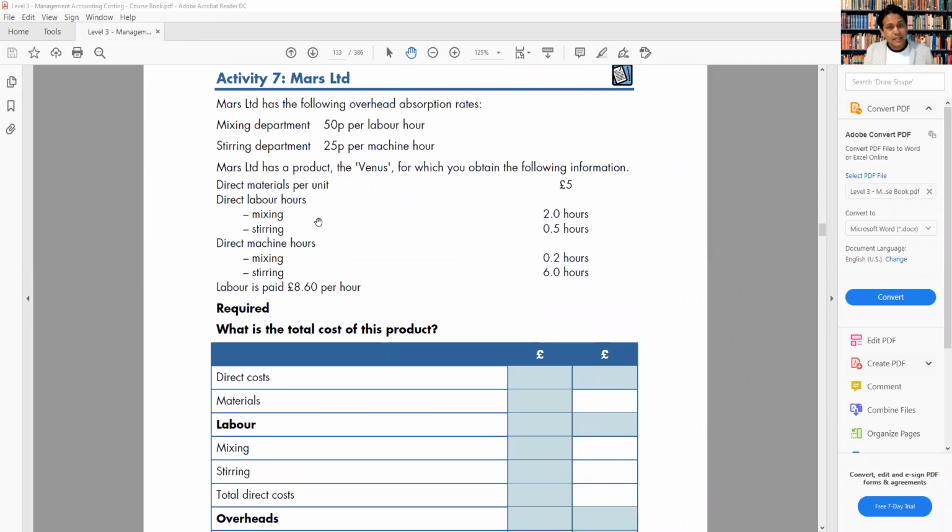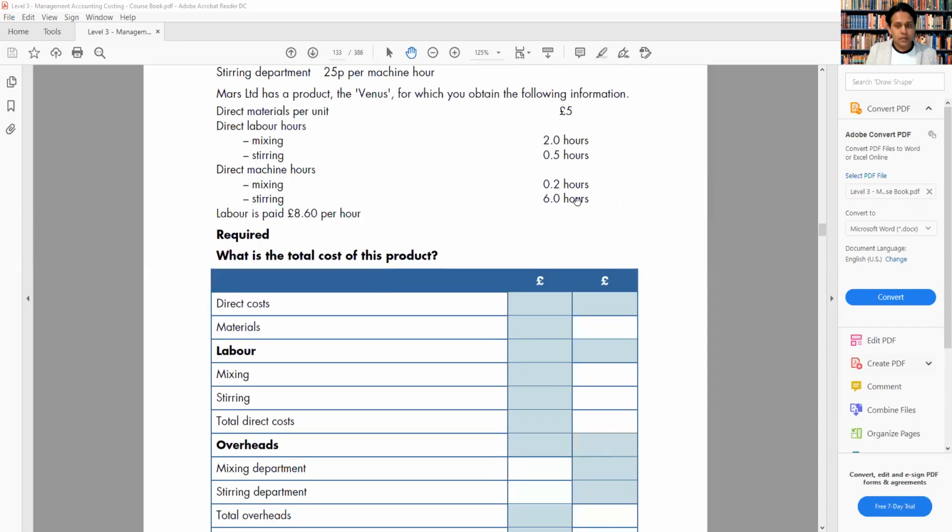Mars Limited has a product, the Venus, for which you obtain the following information: direct material £5 per unit, direct labor mixing 2 hours, string 0.5 hour, direct machine hour for mixing 0.2 hour, string 6 hours. Labor is paid £8.60 per hour.